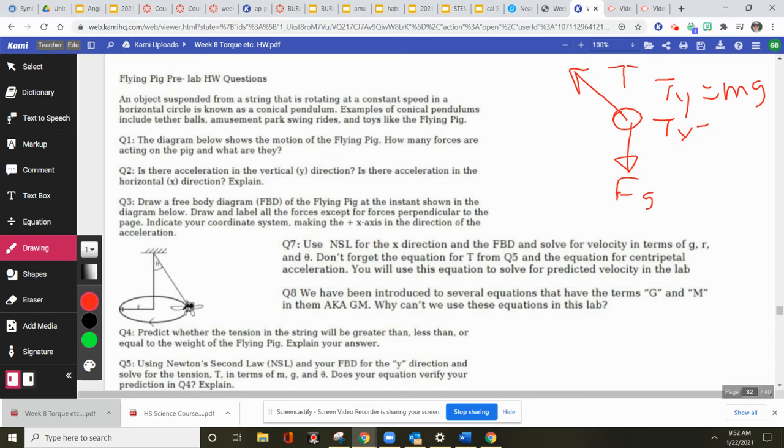tension is equal to the centripetal force, which is mv squared over r.